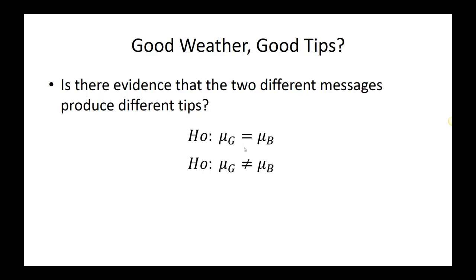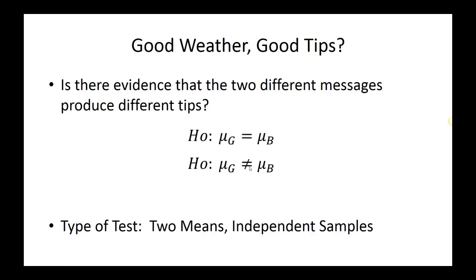And where did that different from, not equals to symbol come from? Well, we look at the keyword given in the original question, which wanted to know if the different messages produced different tips. So different is our keyword for not equals to. The type of test that we're going to be doing is two means for independent samples.